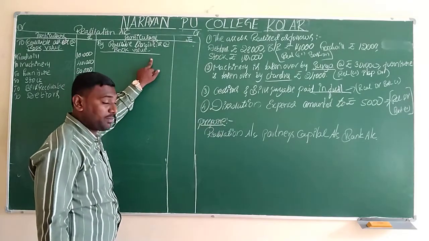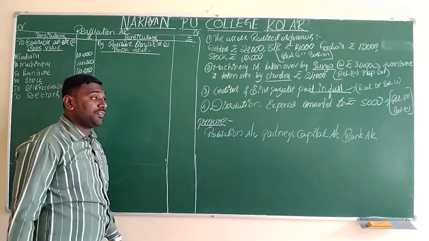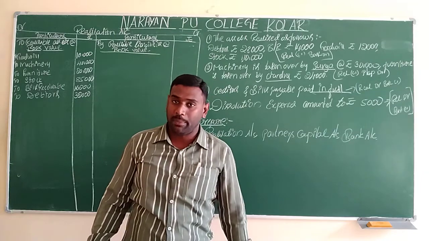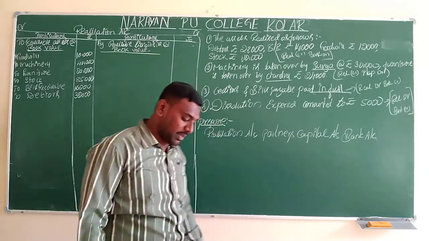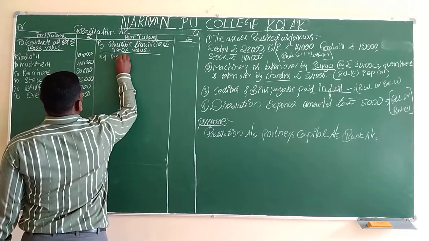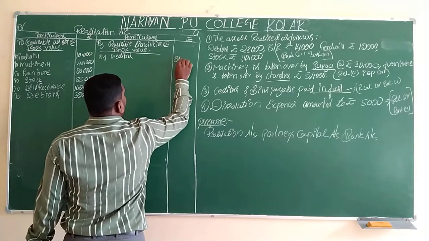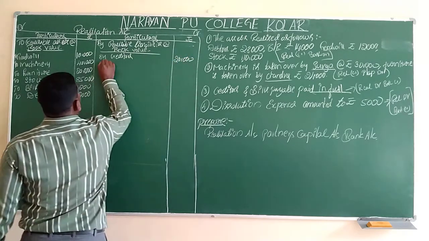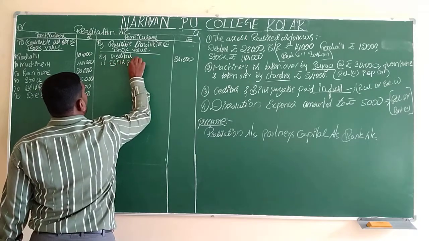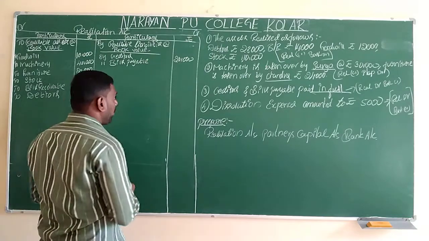If it is not given, no need to consider it. After that, we have to classify how many liabilities there are. Two compulsory payment liabilities are there: one is creditors, another is bills payable. So we will write by creditors 20,000, by bills payable 4,000.